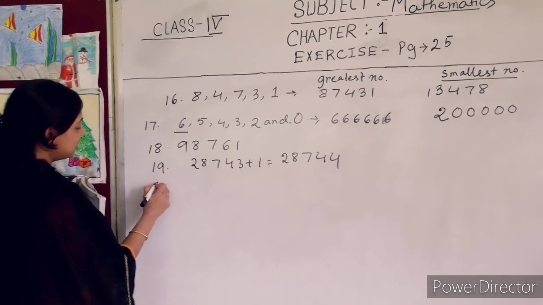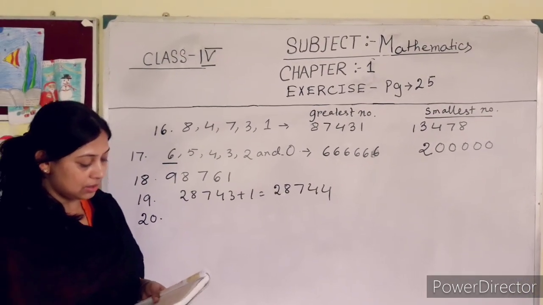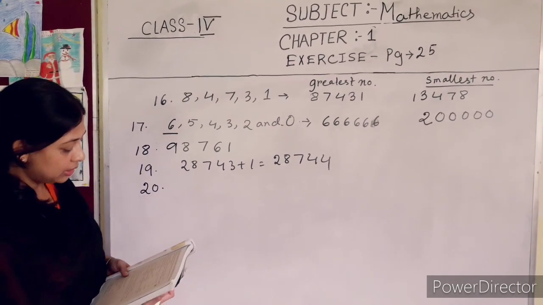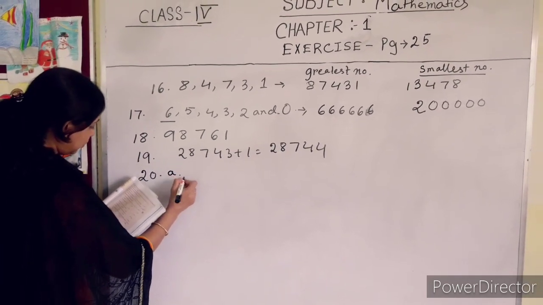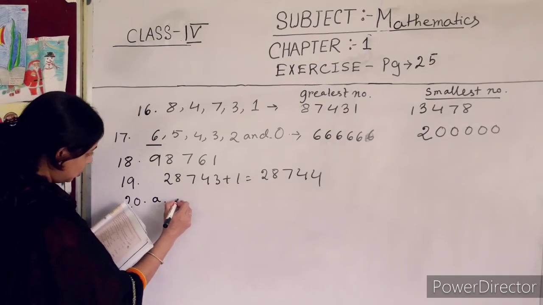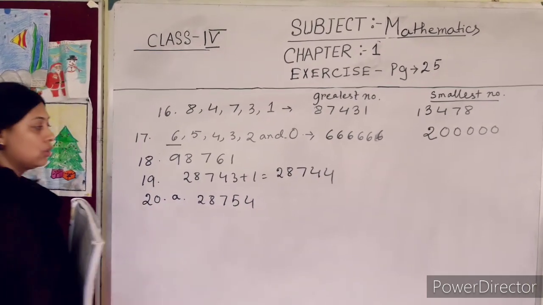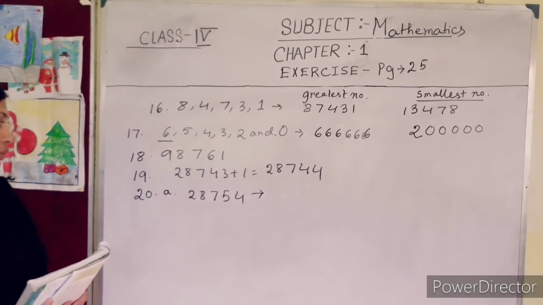Now 20. Round off. You have to round off the number to the nearest 10, nearest 100, nearest 1000 and nearest 10,000. So the first one is to round off the number 28,754 to the nearest 10. You have to apply the rules I discussed in the previous video.